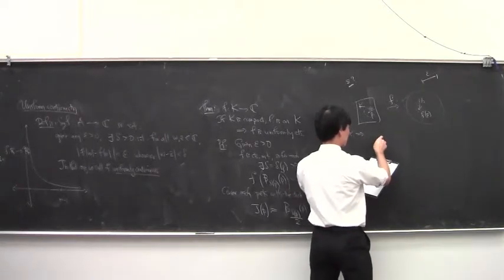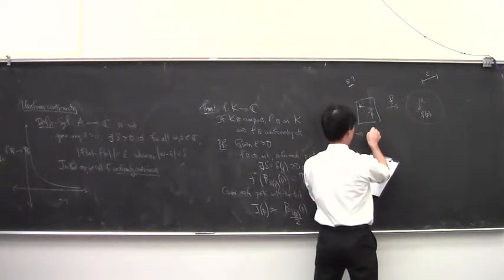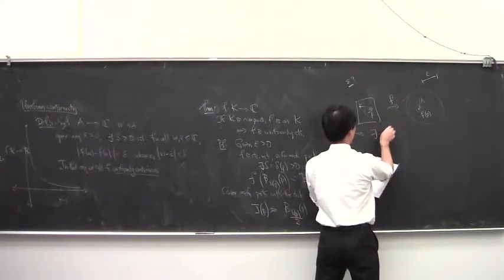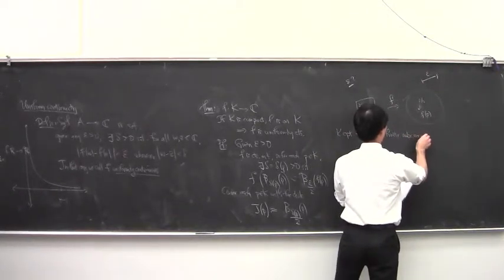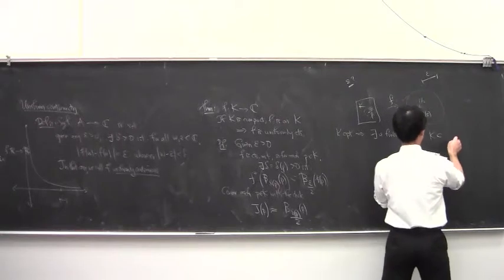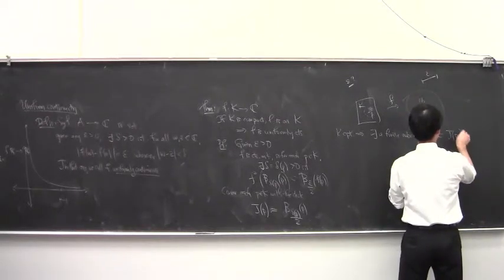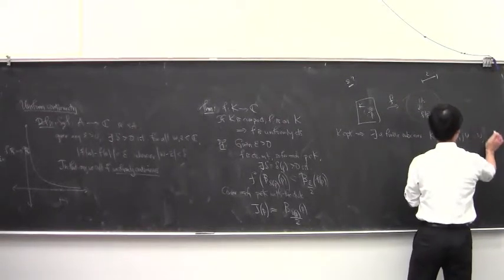So there exists a finite subcover: K is covered by some union of these disks.